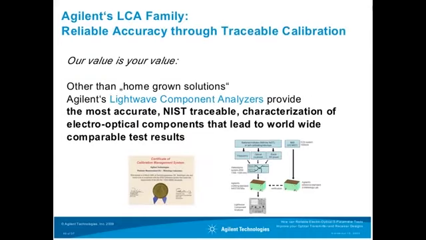Now finally, some of our customers always ask us, why do you need such a complex system? Can't you just use a network analyzer and add a photodetector to make a transmitter measurement?